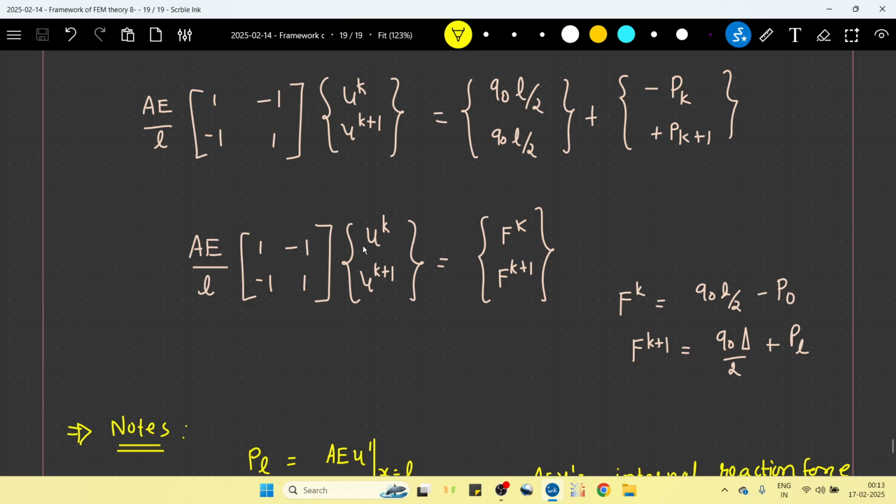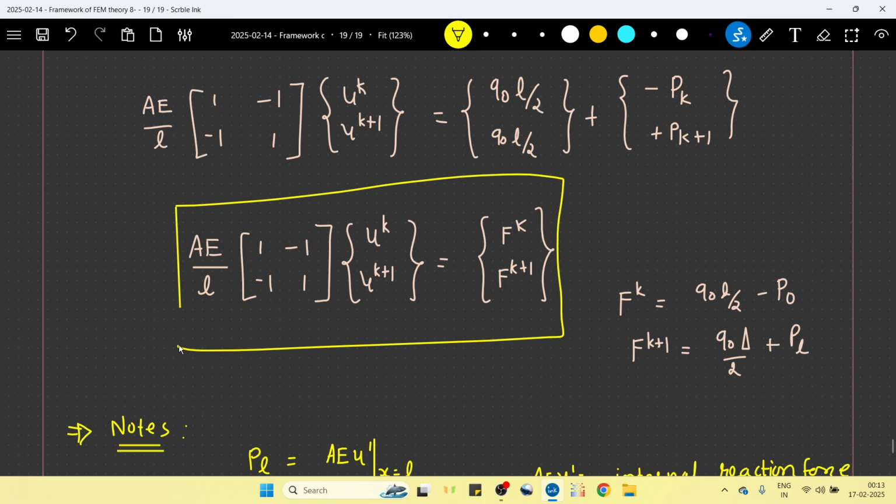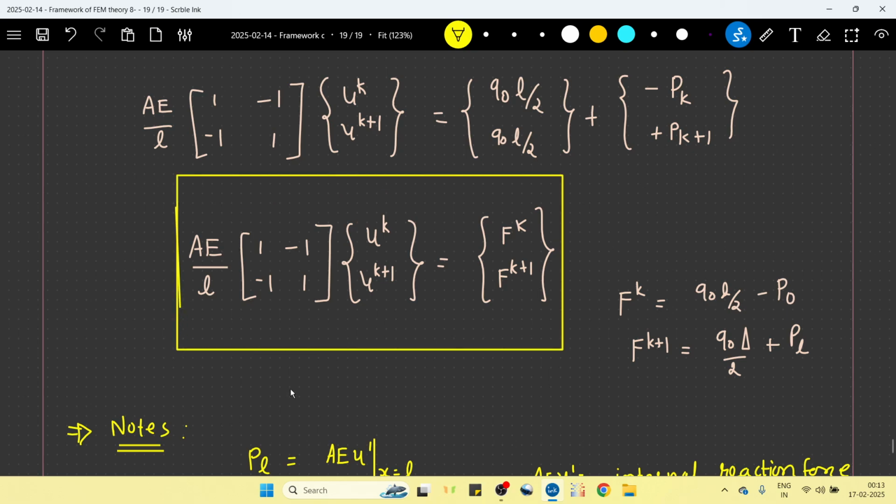So this is what we wanted to get. These are called final element level FEA equations, or we can say characteristic equations of 1D bar element.